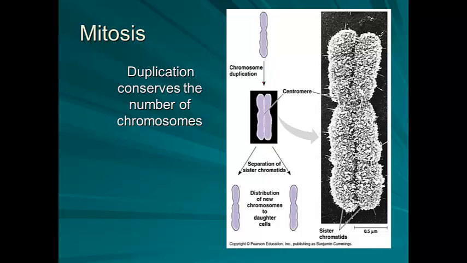So you can see, again, the terminology that I've used. We've got this single chromosome, which is the hot dog shape. Once it's duplicated, these are called sister chromatids, and they are always attached at the centromere until they are getting ready to divide. When they divide, they become chromosomes again.